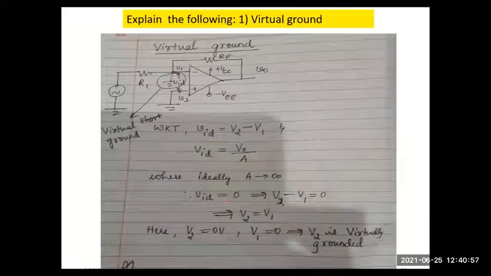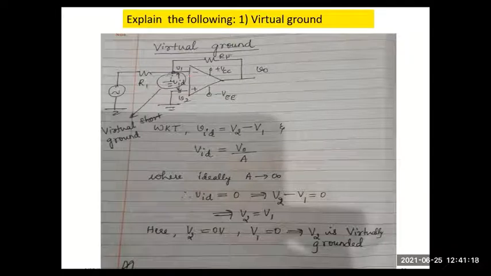Okay. Now, let's try to do an alternate derivation. To do that, we should understand the concept of virtual ground. Since you are all very familiar with this concept, let us very quickly discuss this.